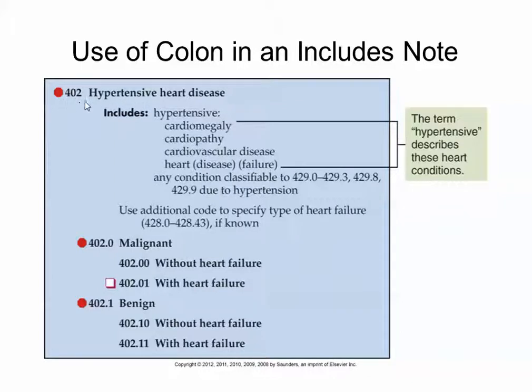It's right under your 402 hypertensive heart disease category, which is why it is so important, if you are coding down here, this is my code, 402.10, that you always go back up to the category and make sure there are no inclusion or exclusion notes. Includes or excludes, you've got to make sure that they're not there.